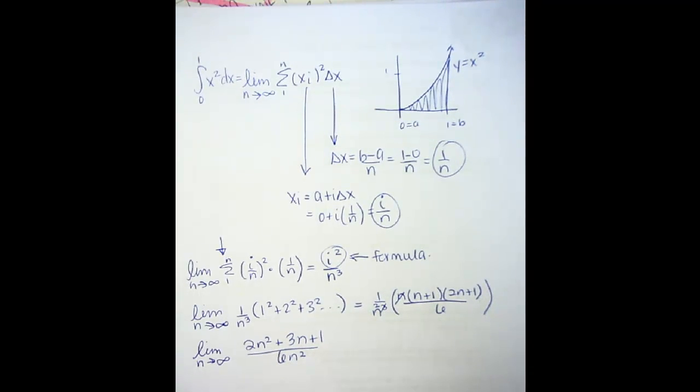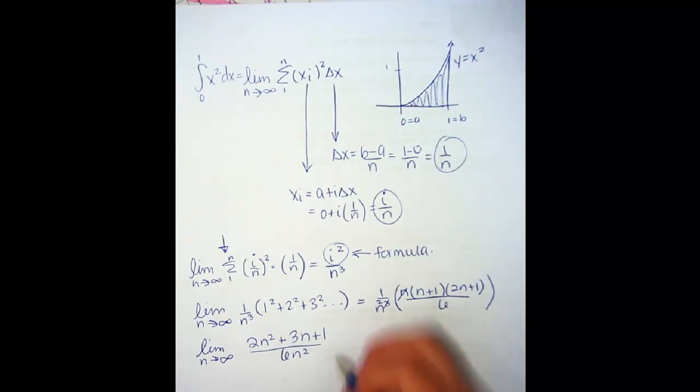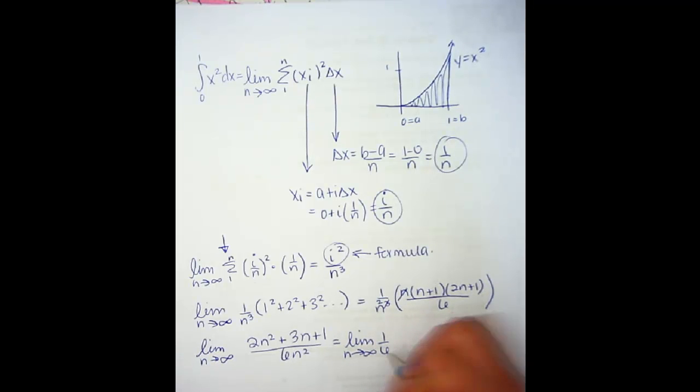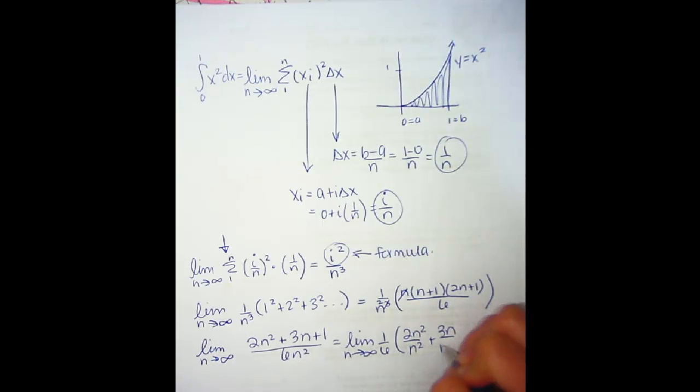I'm going to take out a 1/6 just because that might be a little bit easier. So it's equal to the limit as n goes to infinity of 1/6 outside of, and then I'm going to put each of these terms over n squared. So we're going to do 2n squared over n squared plus 3n over n squared plus 1 over n squared.